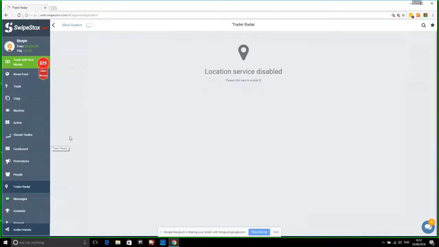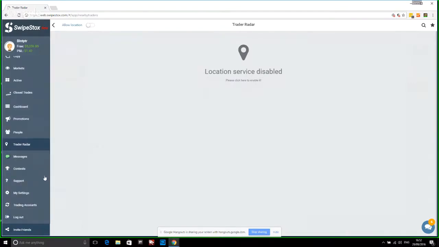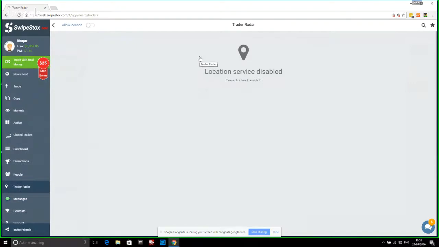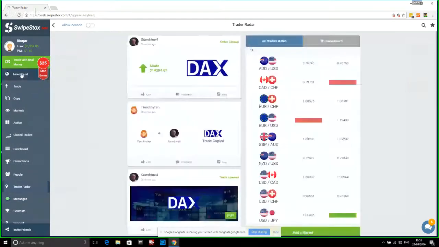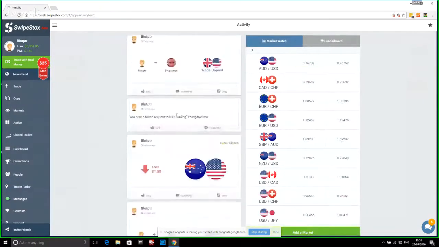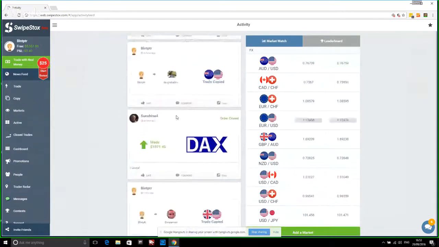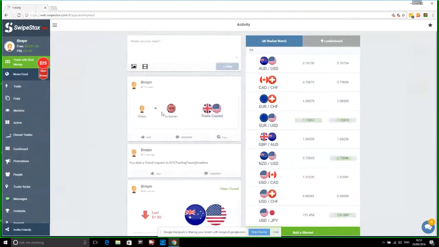You can create local trading groups. Let's go back to the newsfeed to see if any of my friends placed a trade. Not recently. The most recent news is 7 minutes ago, the trade I placed.